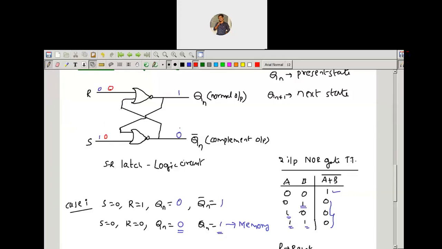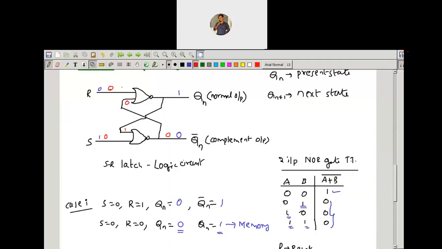Now what is the output going to be? What is the previous output? Qn value is 1. If you observe the bottom NOR gate, we got two inputs, 1, 0. For 1, 0, the output is going to be 0. Now this 0 will be fed back to the input of the top NOR gate.